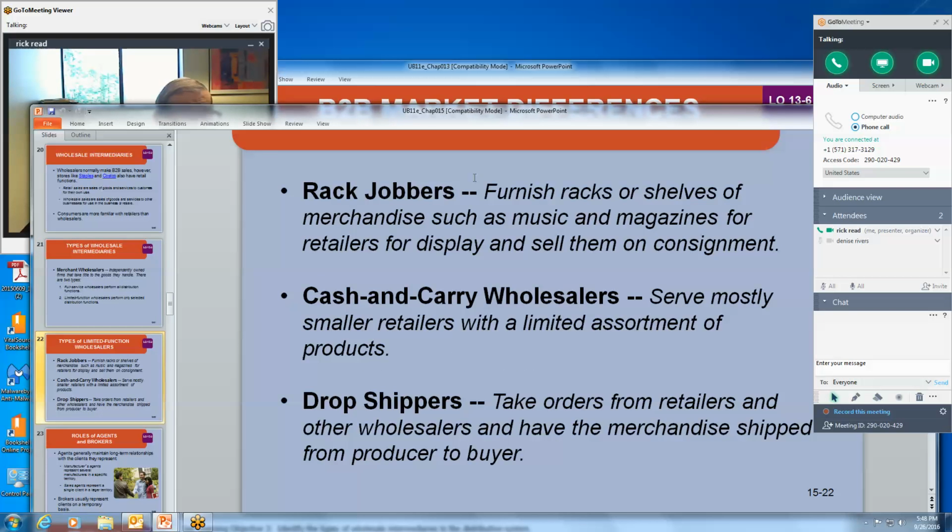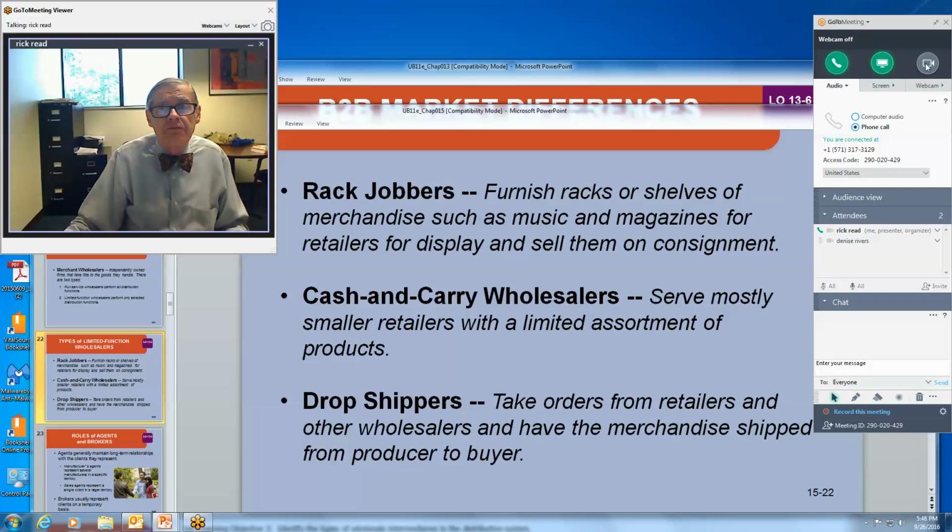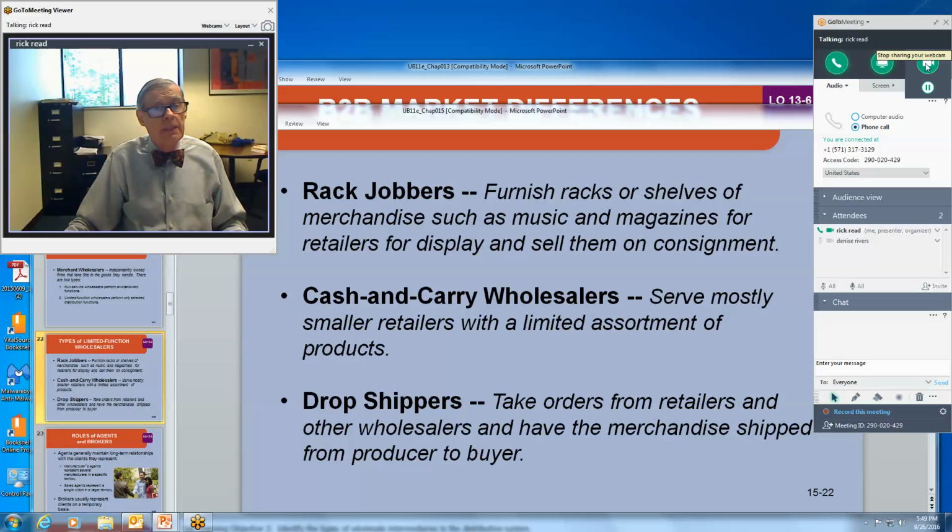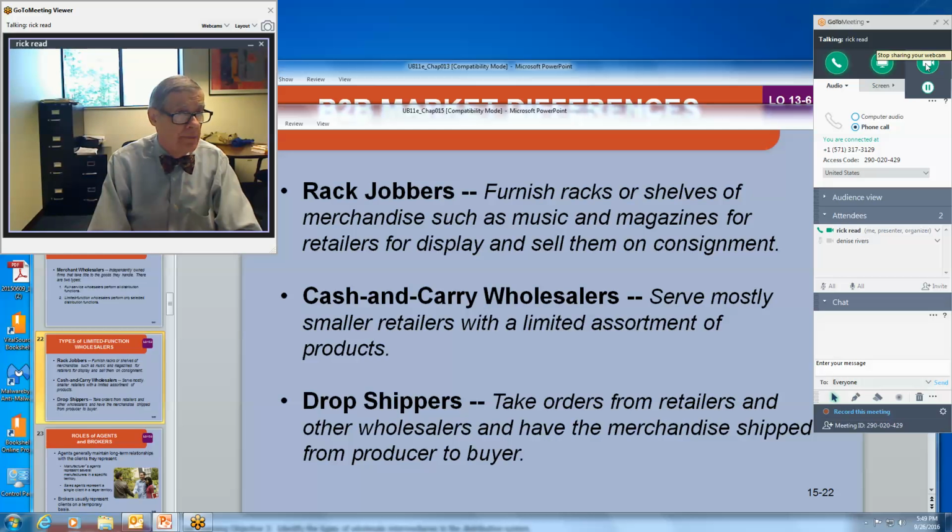Now, here are some limited function wholesalers. We have several here: rack jobbers, cash and carry, and then drop shippers. Rack jobbers furnish the racks or shelves for merchandise, and they display them, and they're sold on consignment. Cash and carry is exactly what it says.